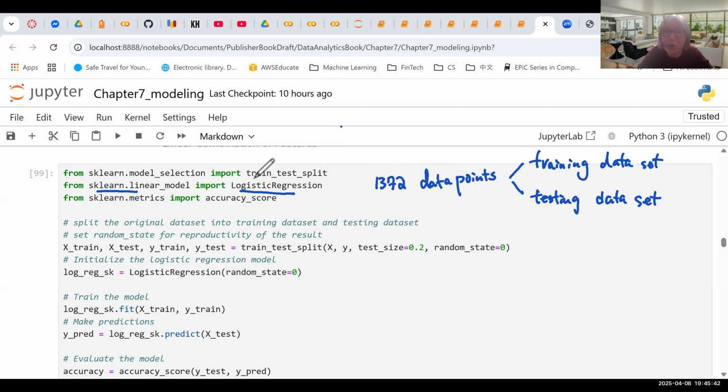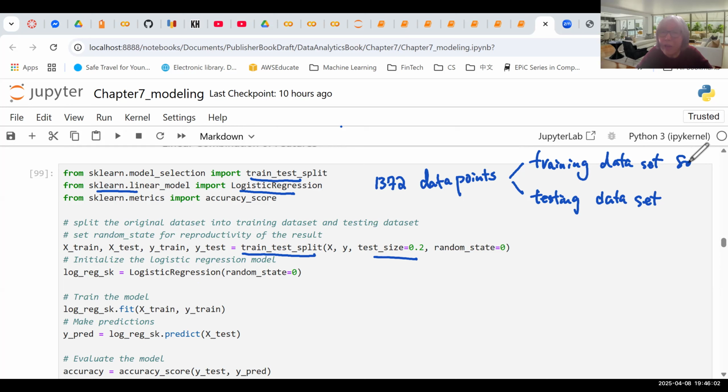So that's why over here we import train test split. This is the first step: you need to call train test split, and this is the ratio. Normally you apply a larger ratio to training.